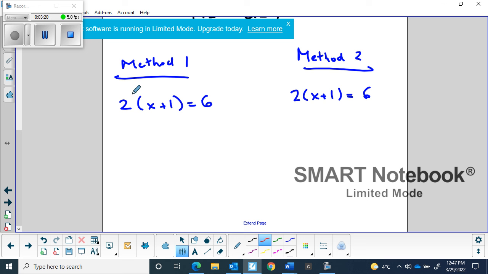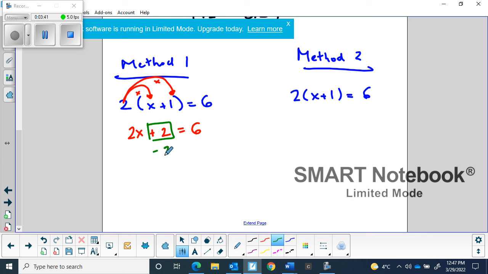So from here, method 1 means the first step I do is rainbow. I rainbow it in, I rainbow it in, and I multiply. 2 times x is 2x. 2 times 1 is 2. And we get 6.